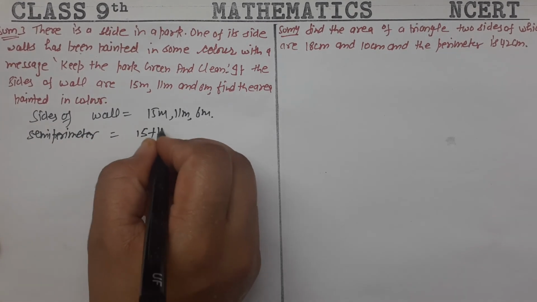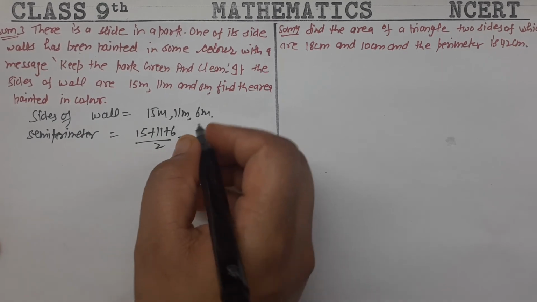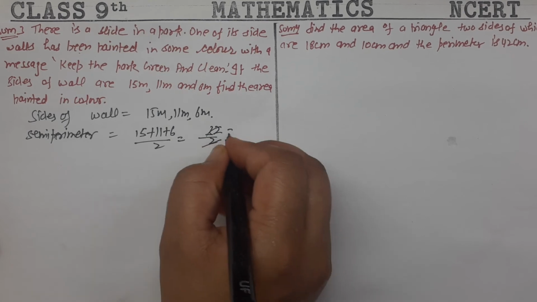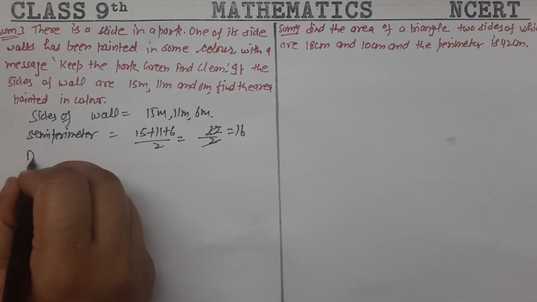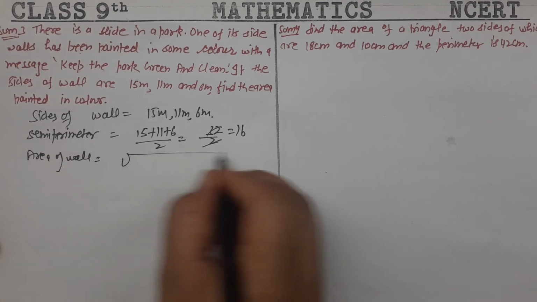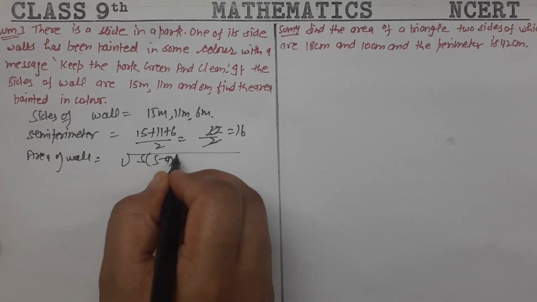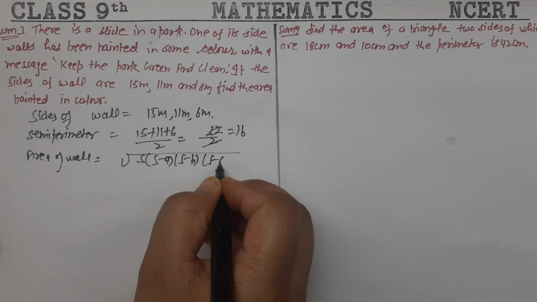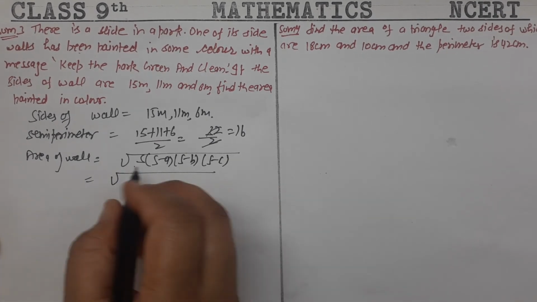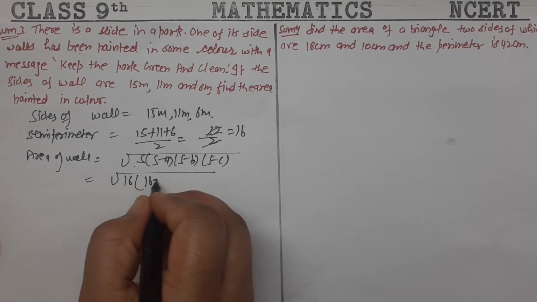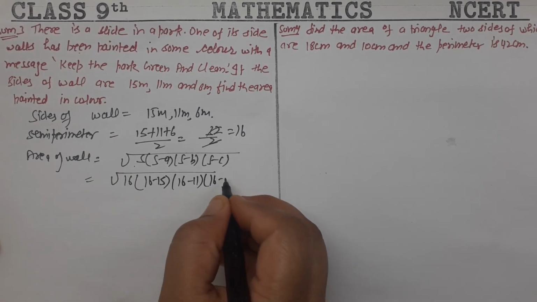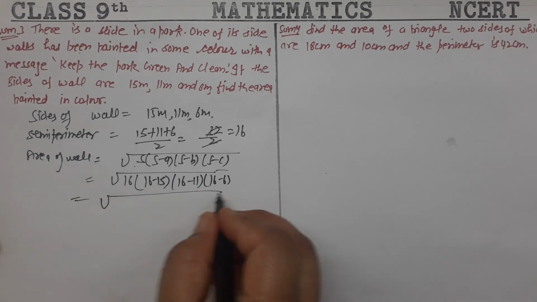Semi-perimeter is 16. Area of wall using Heron's formula: S minus A, S minus B, S minus C, where S is 16: 16 minus 15, minus 11, minus 6.